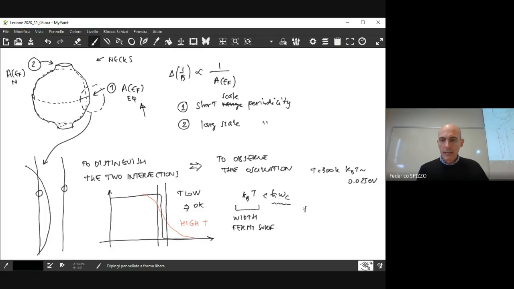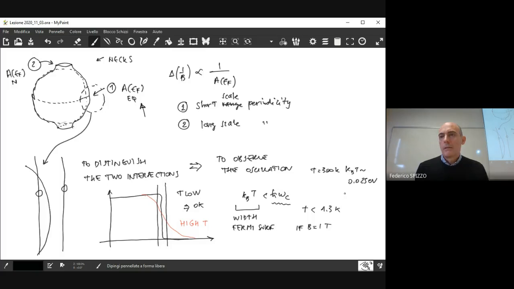And the result is that if you apply a magnetic field, so if B is 1 Tesla, then T should be smaller than 1.3 Kelvin. So very low temperature to observe that.